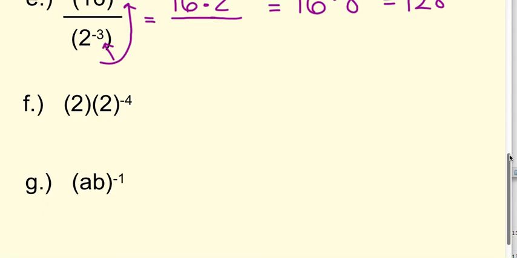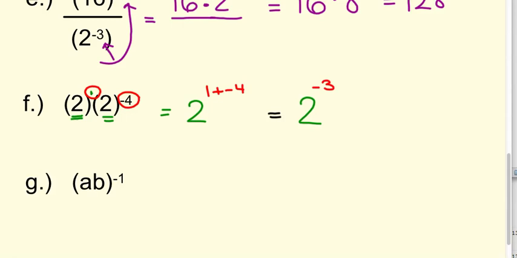Next example, you can take this a couple different ways. One way is, notice that this base is a 2 and this base is a 2. So you can add the exponents. Our exponent here is a 1. Our exponent here is a negative 4. So 1 plus negative 4 is negative 3.